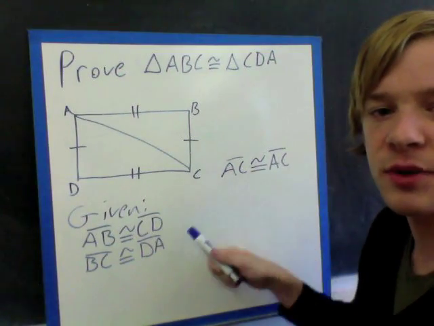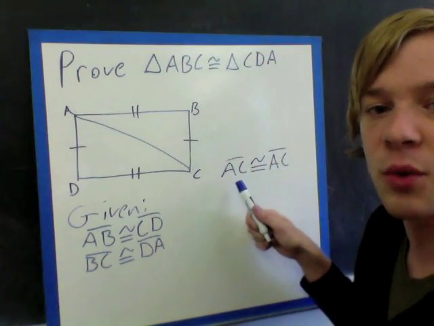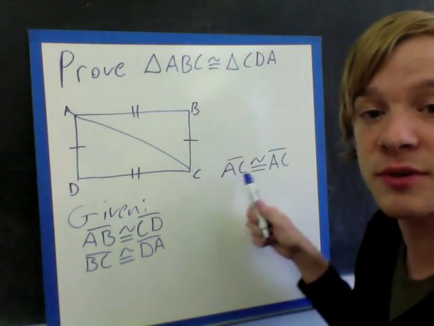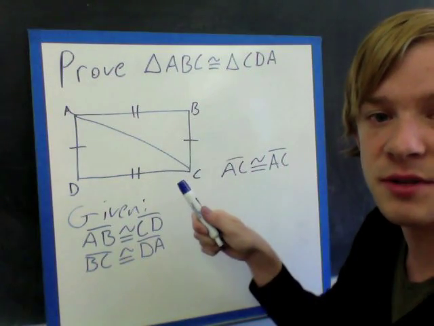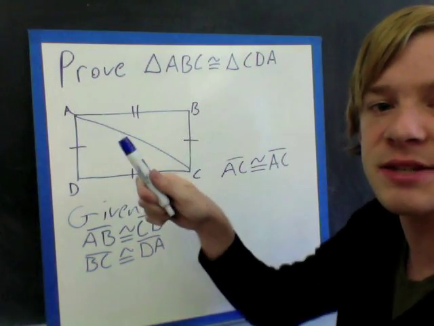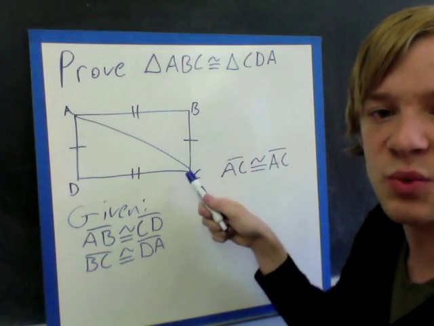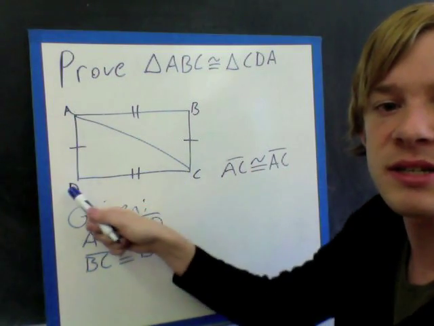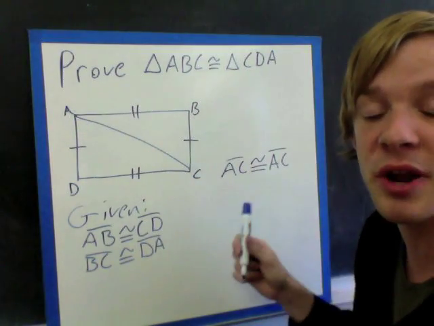So we have two given statements for our two side lengths, and we have one statement that we found for a shared side of both triangles. This side AC is used by our first triangle ABC, as well as our second triangle CDA. So this third side right here in the middle is used by both triangles.